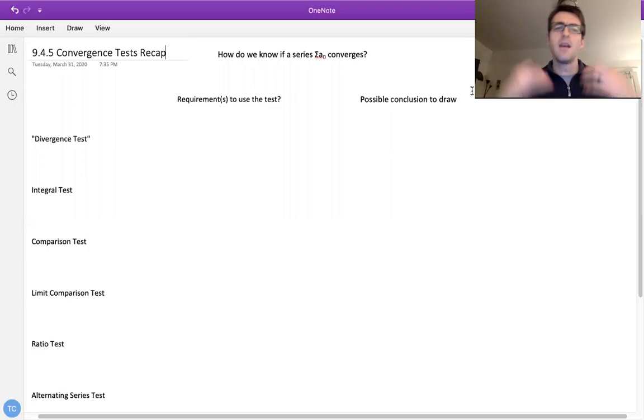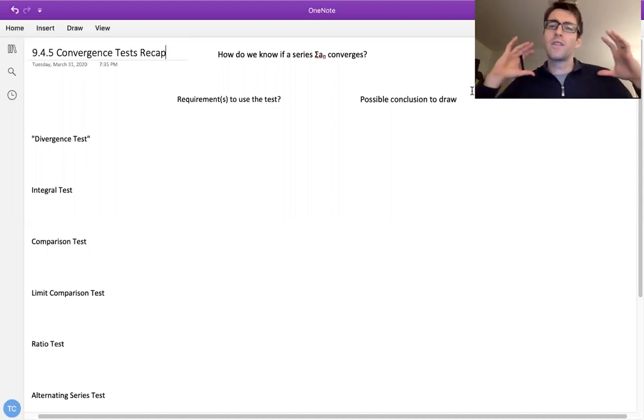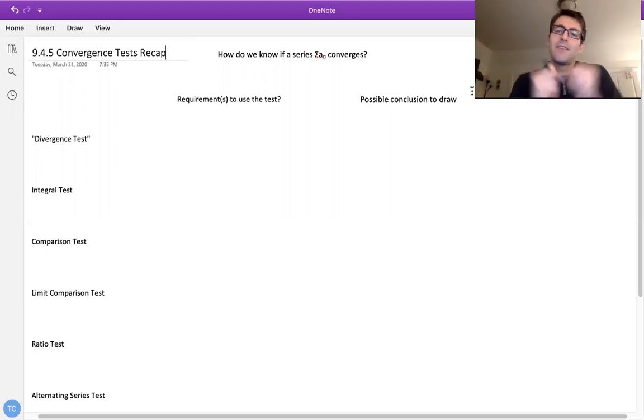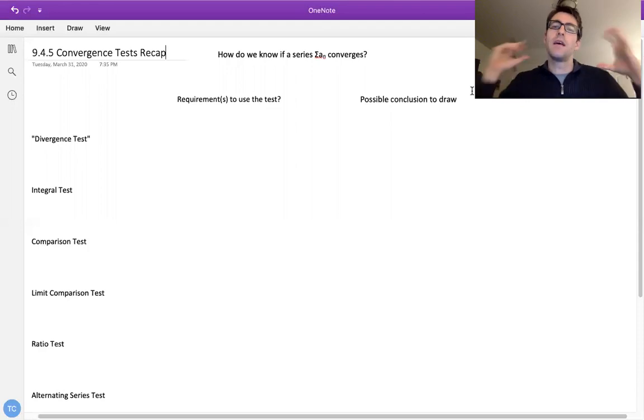For example, 0.9, 0.99, 0.999, that sequence appears to be converging to 1. So since that's a finite number, we're going to say that it converges. For series, however, we're taking this infinite list of numbers and adding them up and asking if this infinitely long sum is some finite number.